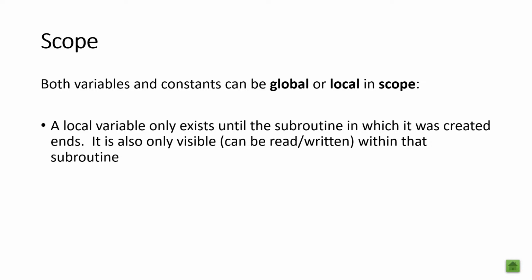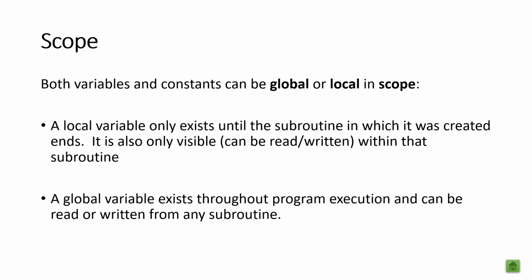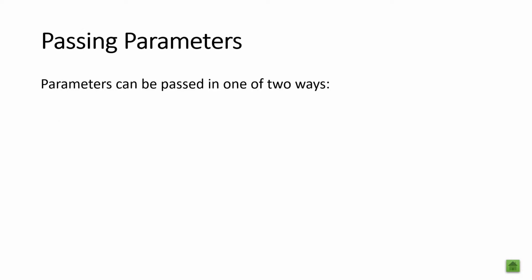A subroutine is a function or a procedure. So it'll only exist while the subroutine in which the variable is created is still alive. If you close that procedure or function down, it will die and it will release its memory. A global variable exists throughout the program execution and can be read or written from any subroutine.